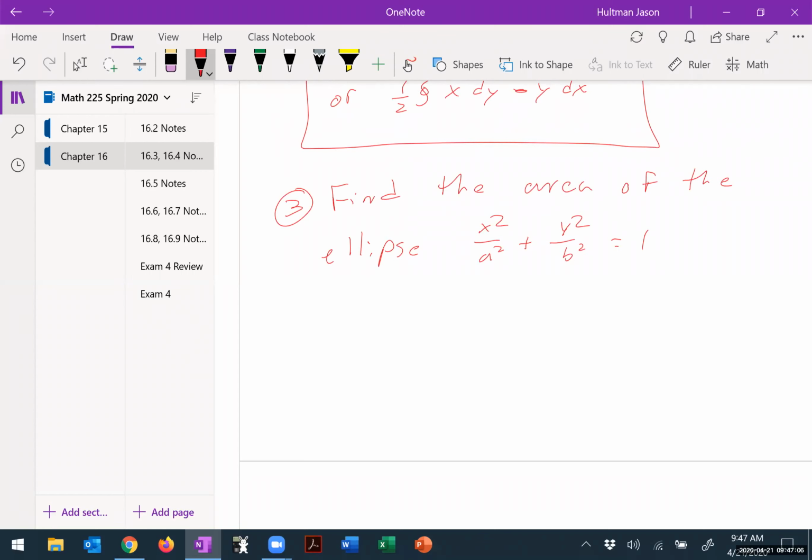We want to find the general formula for the area of an ellipse. Okay, what's the general formula for the area of an ellipse?